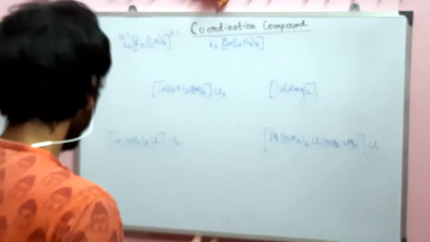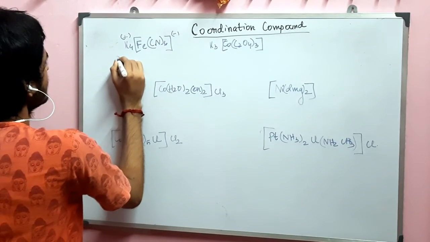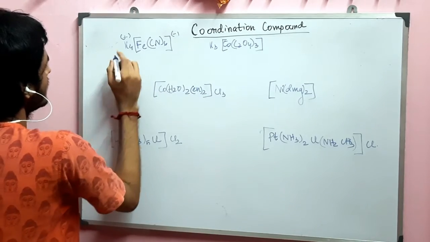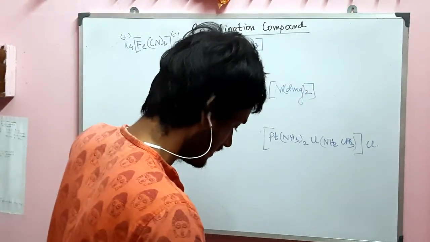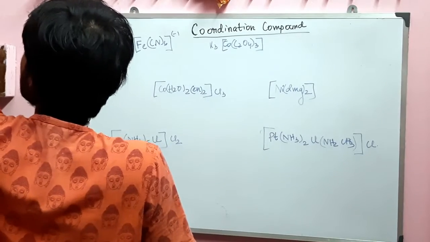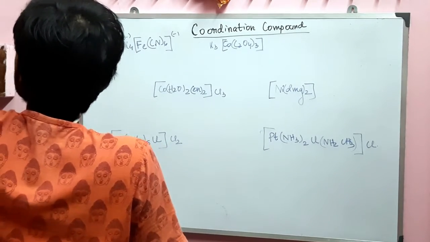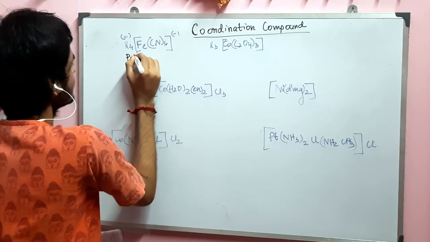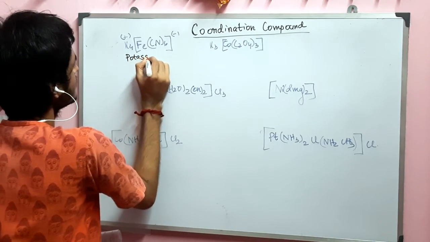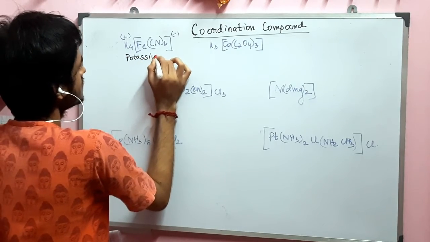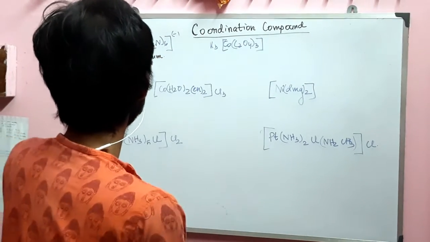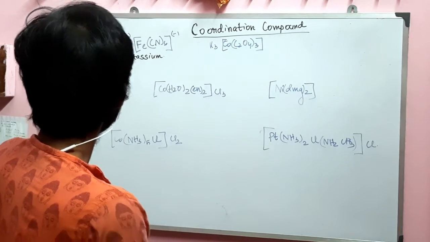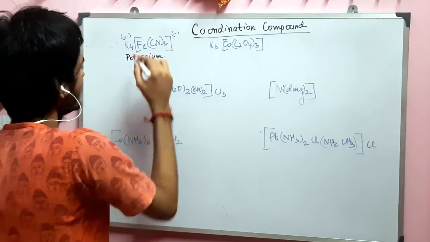So we write potassium, then we will name the anion, and that is the coordination sphere.